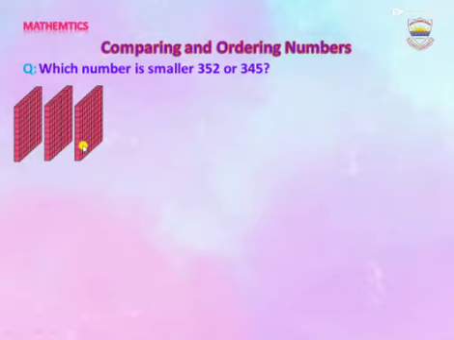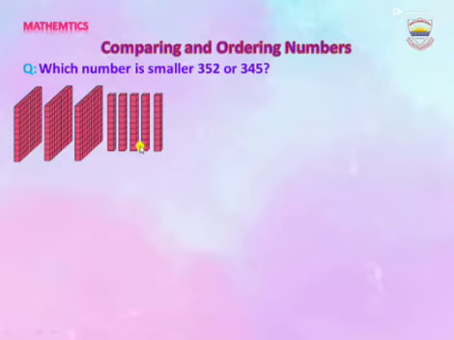Yes, there are 300. Now count the stakes. 1, 2, 3, 4, 5. How many stakes are there? Yes, there are 5 stakes, means 5 tens. Count the blocks of ones. 1, 2. We have only 2 blocks of ones.